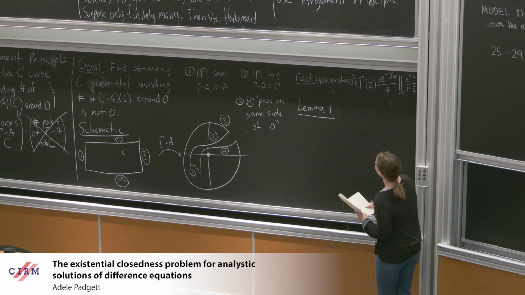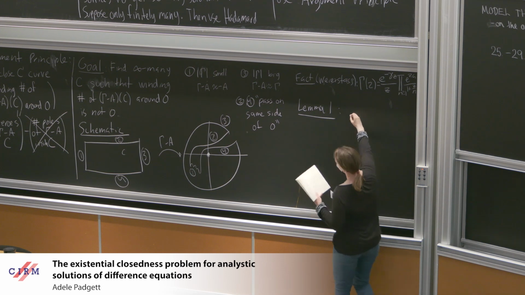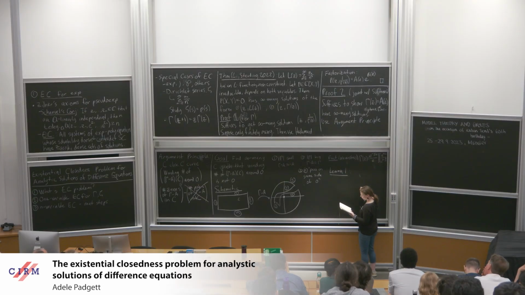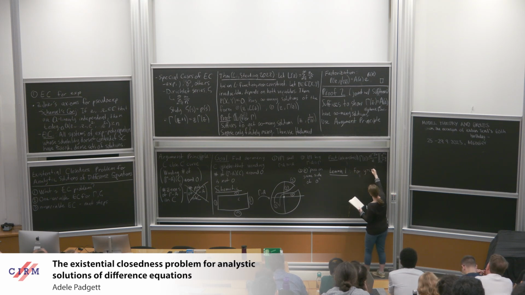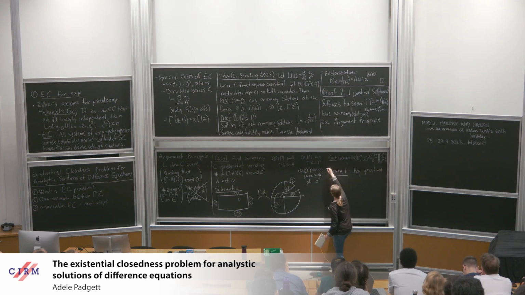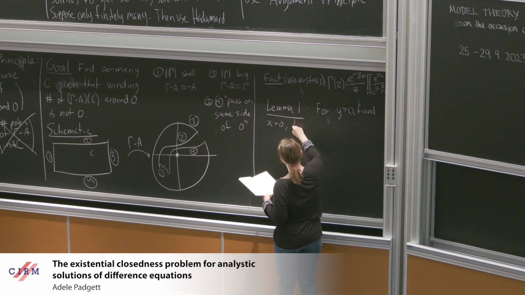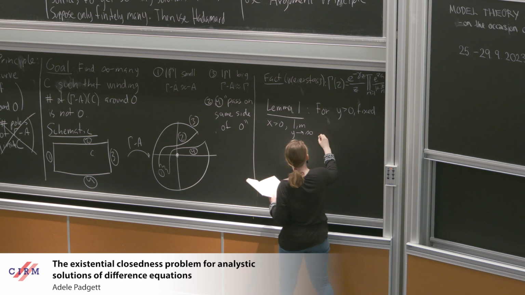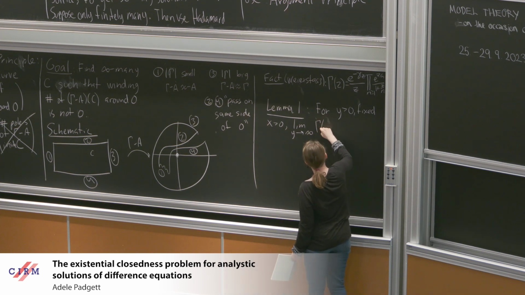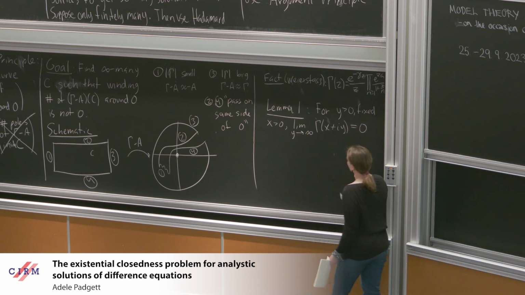Okay. So first, it's easy using this representation to show that for y positive, and for a fixed x positive, the limit as y approaches infinity of gamma of x plus iy is 0.